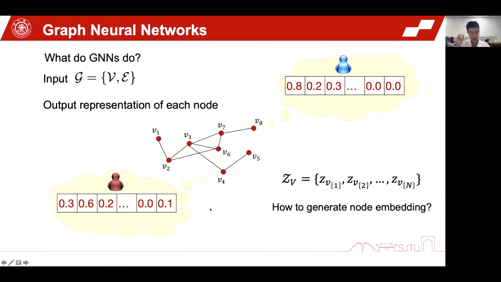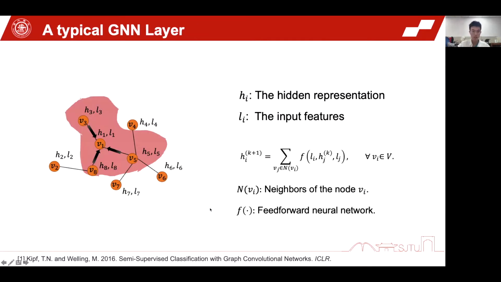But the question is, how do we obtain the node embeddings? Here is the simplest GNN model. If we want to compute the embedding of V1, we need to aggregate the information from its neighbors V3, V4, V5, and V8.